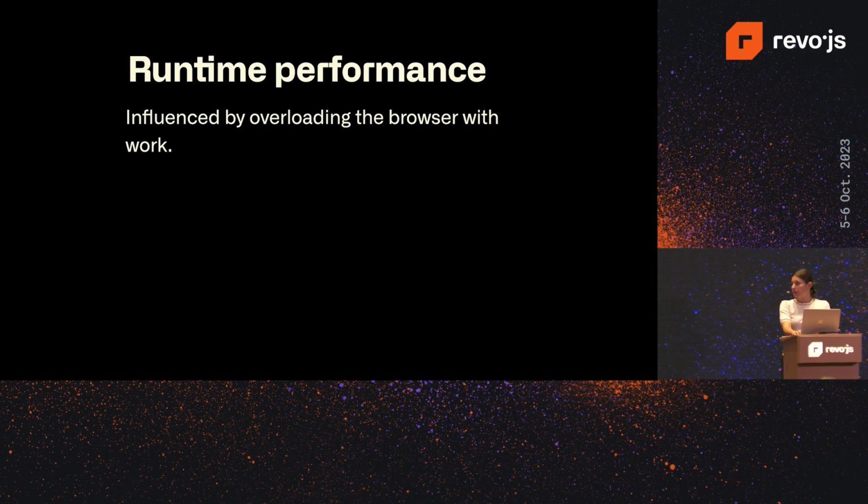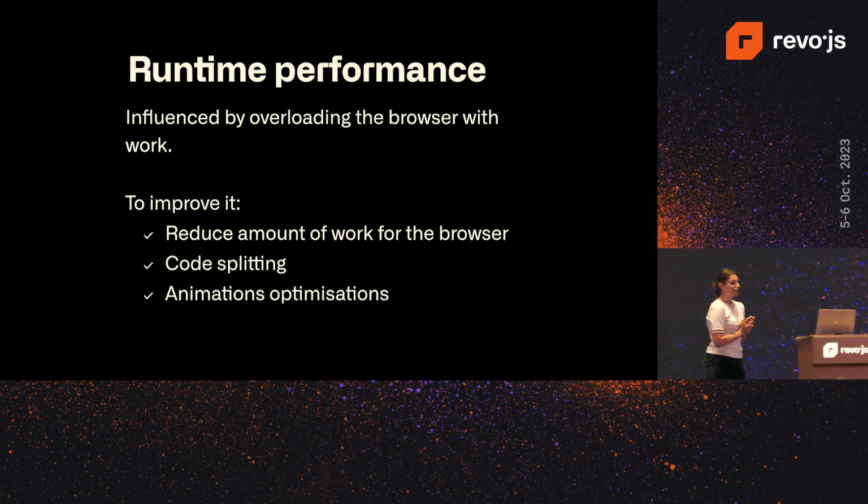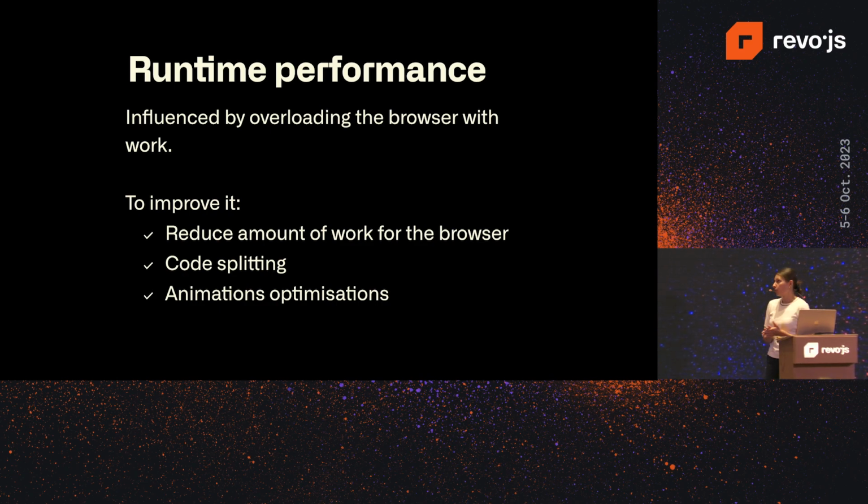As mentioned, it is influenced by overloading the browser with work, and to improve, you can reduce the amount of work for the browser. For example, you might want to split your functions into smaller ones. You might want to put some things into a web worker. You might want to simplify your code.